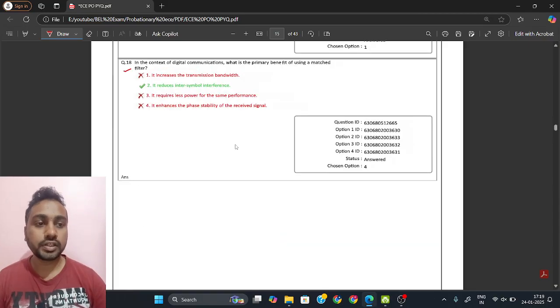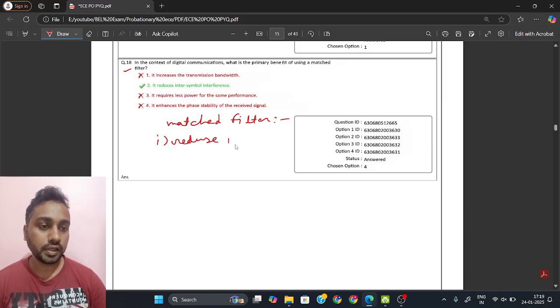Okay. Digital communication. What is the primary benefit of using a matched filter? If we use a matched filter, we get some benefits. The first one is it will reduce inter symbol interference.